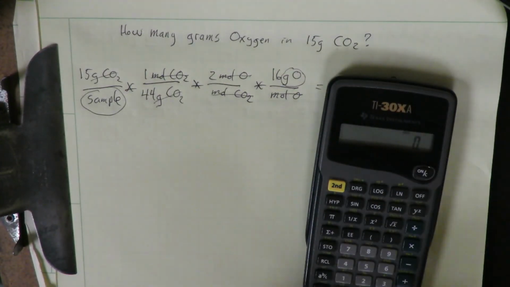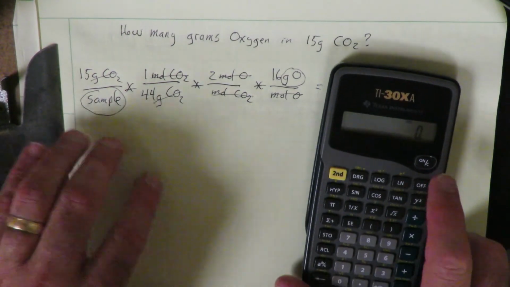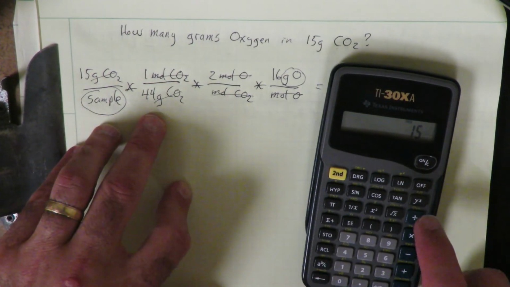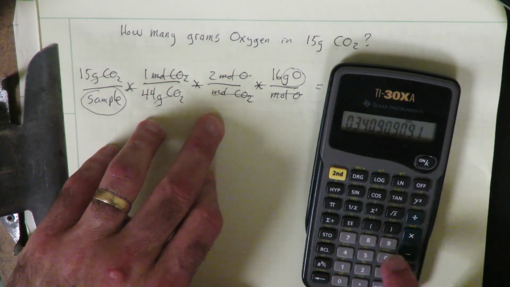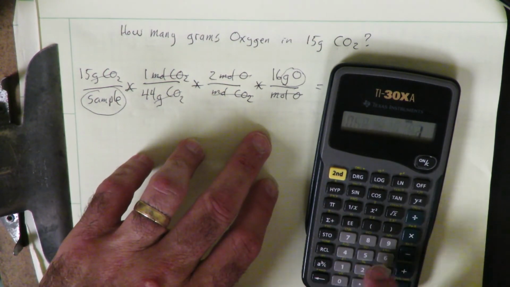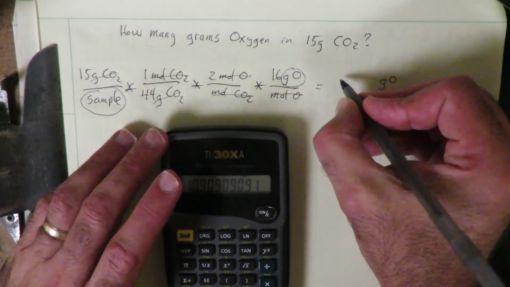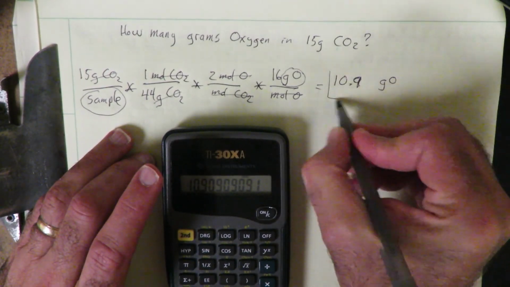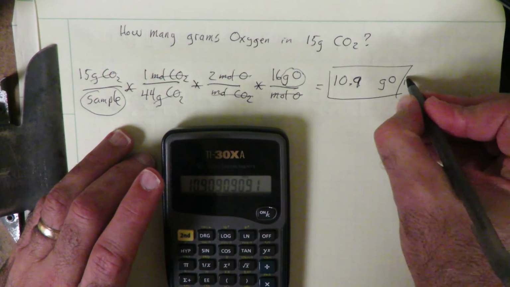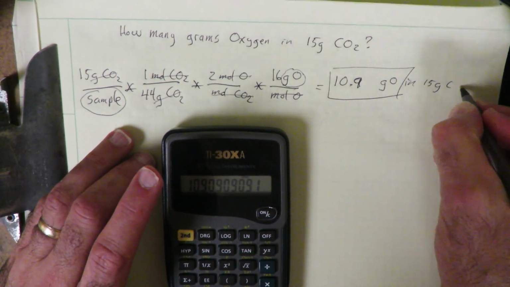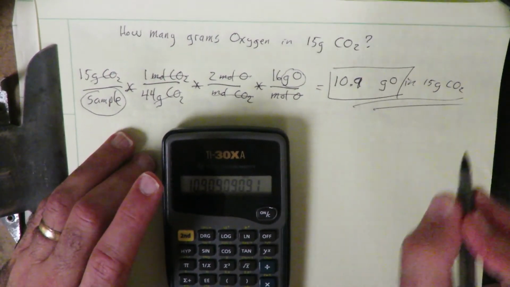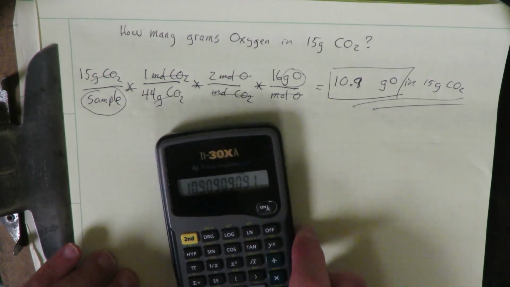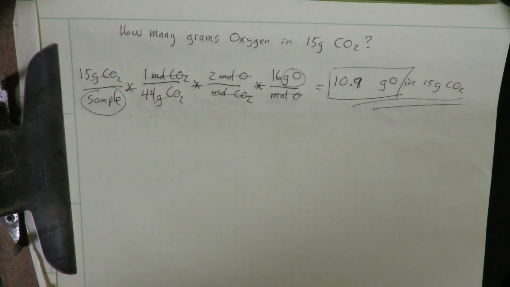And we get out our calculator here, and we go 15 divided by 44 times 2 times 16, and we get 10.9 grams of oxygen in 15 grams of CO2. Voila, as they say in badly accented French.